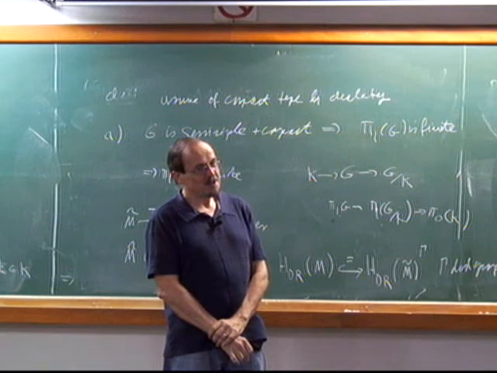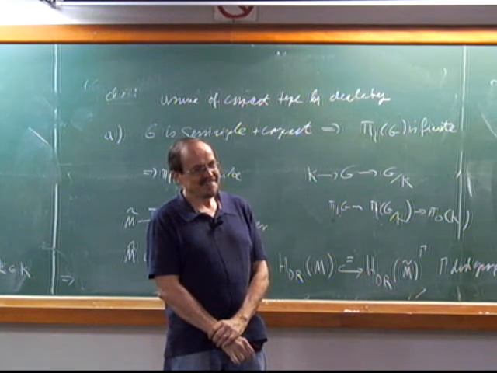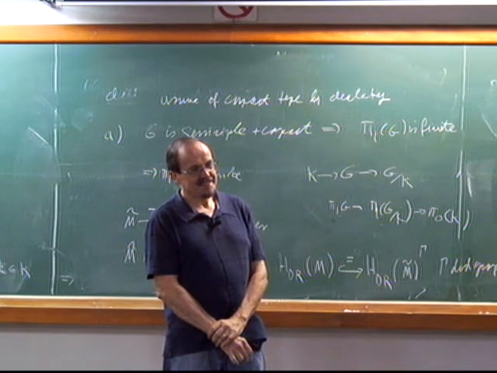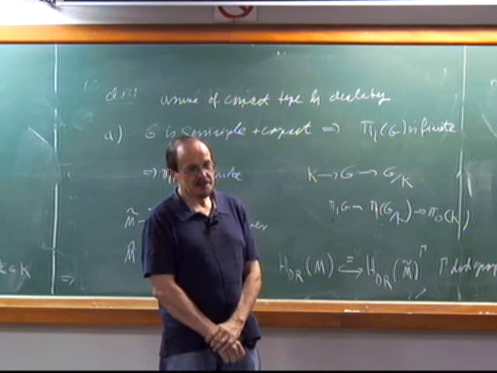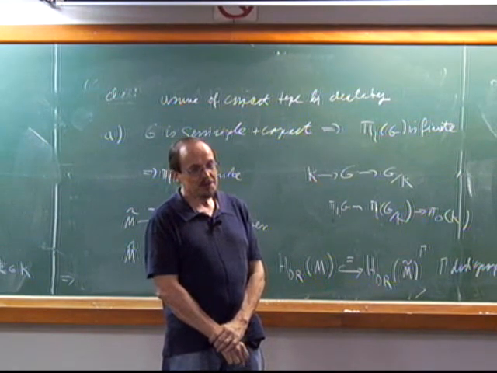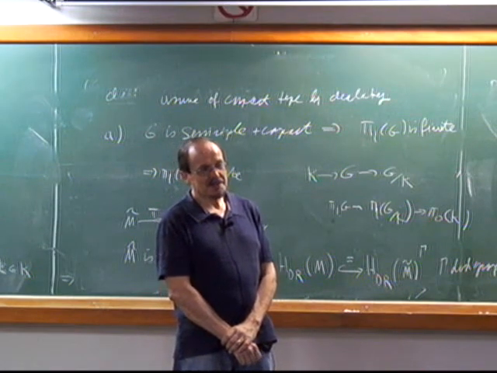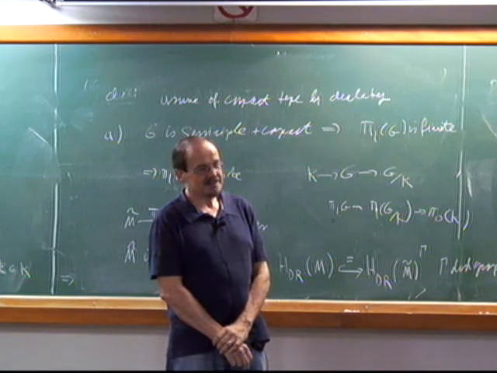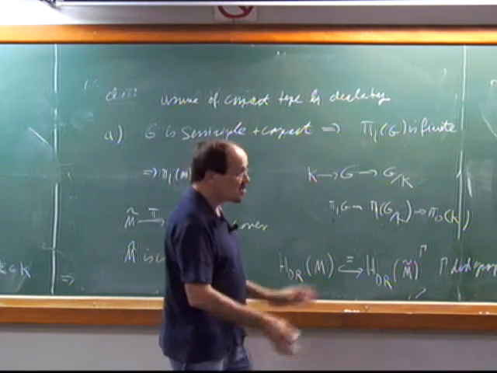No. When is the exponential a covering in Riemannian geometry? For the sphere, for example, it's not a covering. If the curvature is non-positive, that's the theorem of Hadamard, then the exponential is a covering. In general, it's not. So, not that easy. There is a geometric proof.